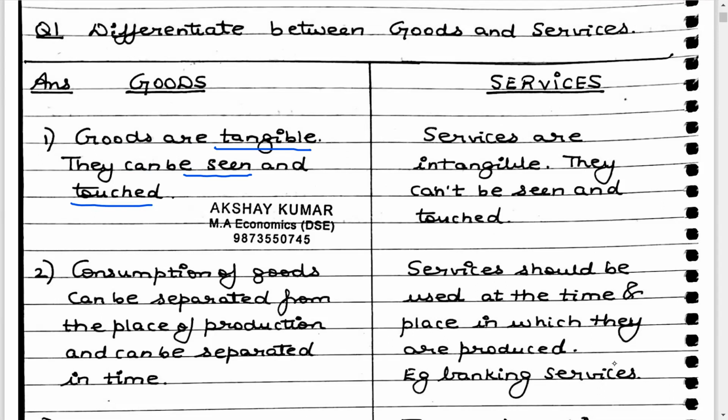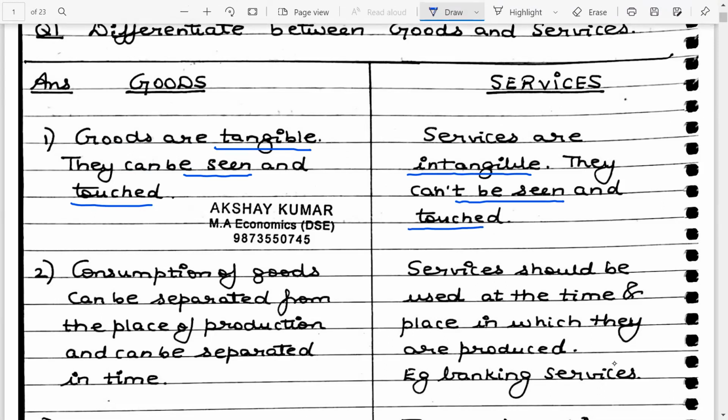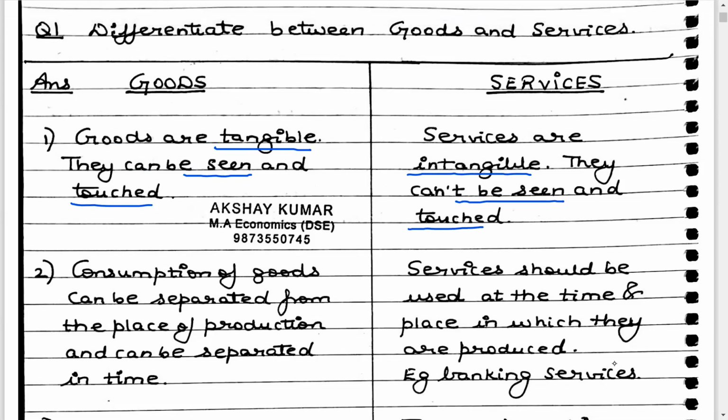You can see them, you can touch them, you can buy them, you can sell them. On the other hand, services are intangible. They cannot be seen and they cannot be touched. So goods are also produced, services are also produced. The only difference is goods can be seen and touched, services are intangible. You cannot see them, you cannot touch them.